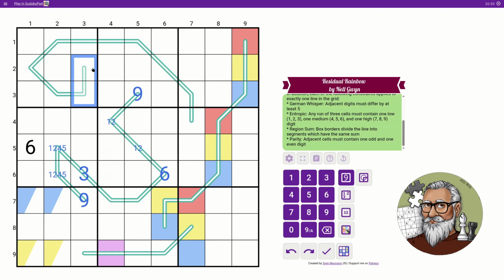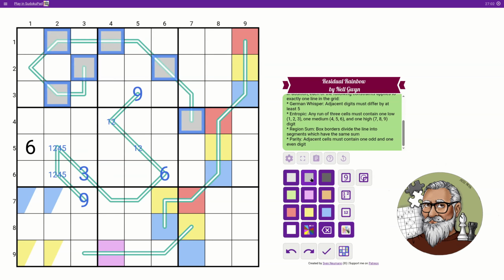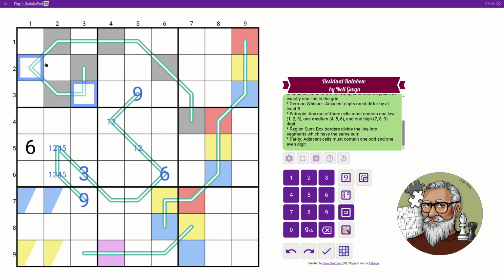If this is a German whispers line, then these are the same set. I'm just going to use this just for a second. And these are the other sets. That's the same color. Interesting. Yeah. Okay, this is good enough.